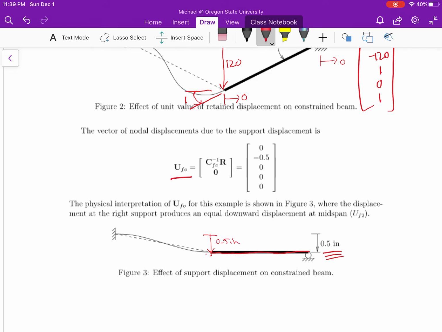There's no rotation or horizontal motion at this middle node, and there's no horizontal motion at this node. So that's where we get these 1, 2, 3, 4, 5 unconstrained degrees of freedom, and in the presence of the constraints, this support settlement pulls degree of freedom 2 down 1/2 inch.